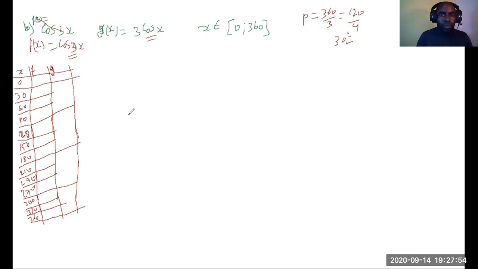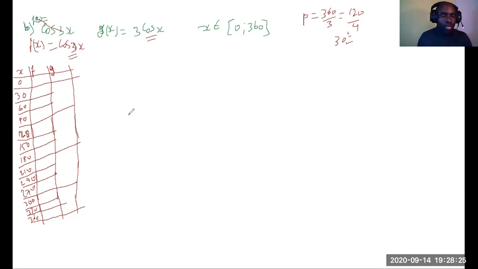Our starting point would be 0. Oh gosh, wait, what did I do now? Okay, we are starting at 0 degree. We will end at 360, and the step is 30.